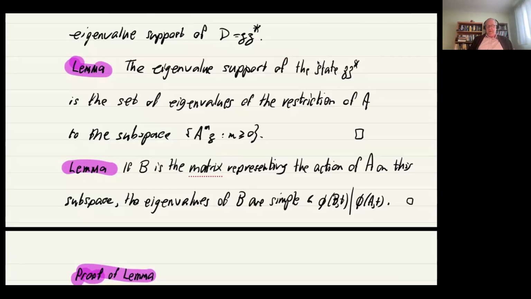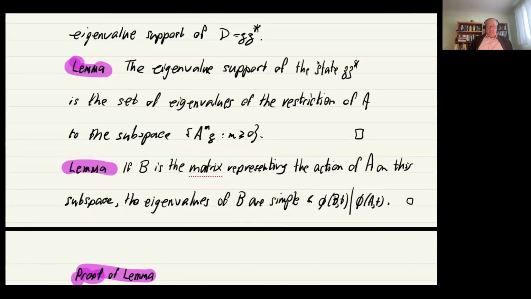This can get a bit confusing, because you're starting with an n by n matrix, and now you're representing it by another matrix, which will have dimension equal to the dimension of this space. So I'm going to take that as given.